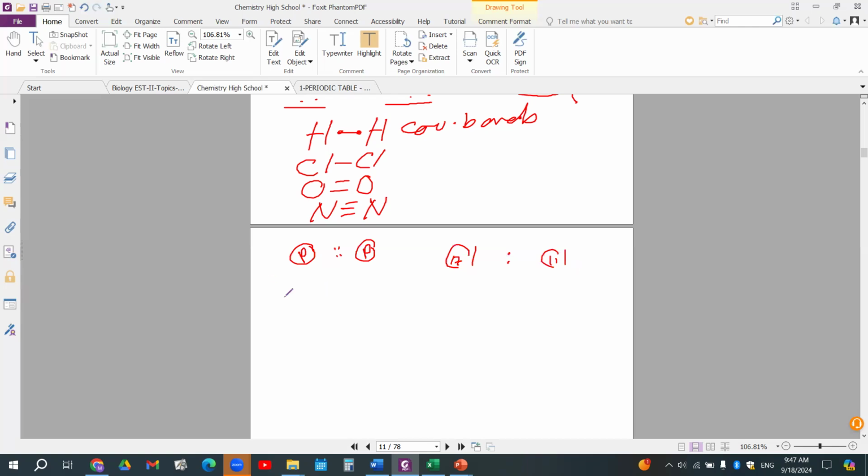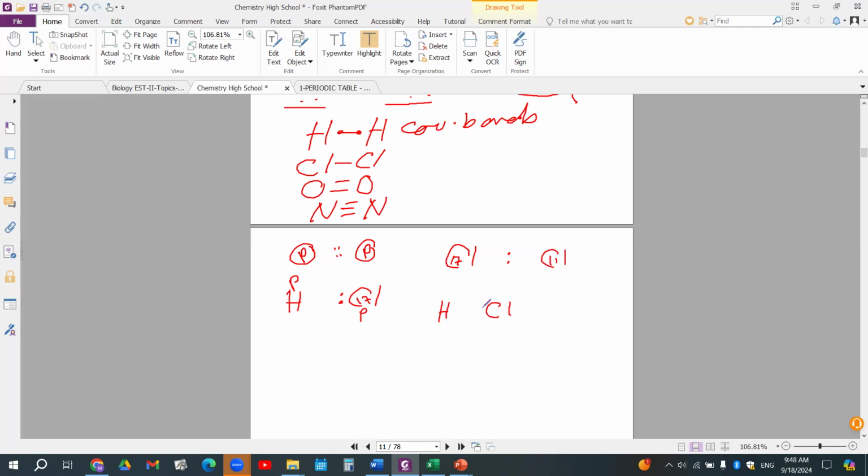But what if hydrogen shares an electron with chlorine? Hydrogen has only 1 electron, only 1 proton, and chlorine has 17 protons. The electron shared here will be attracted to chlorine.